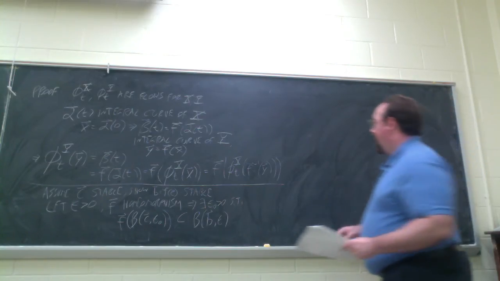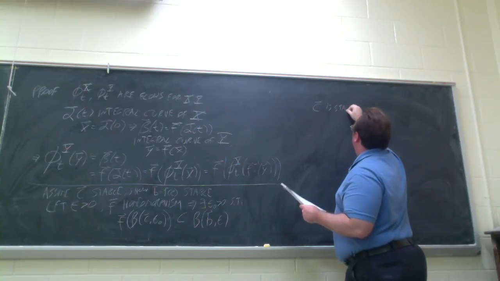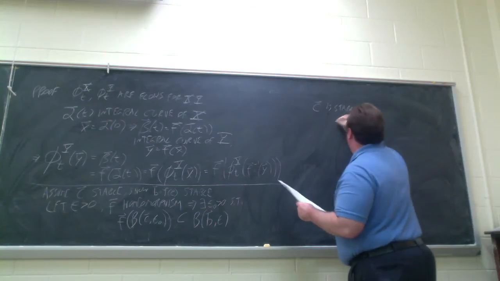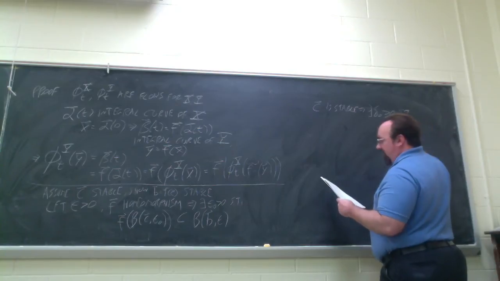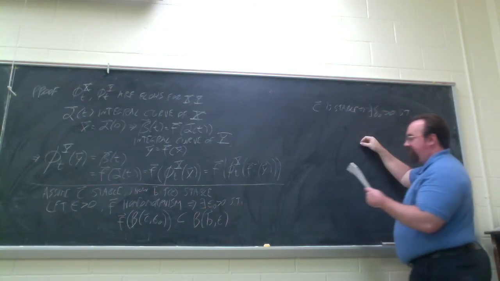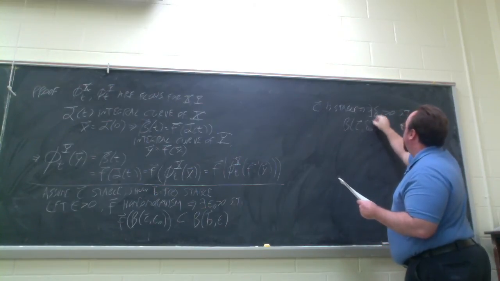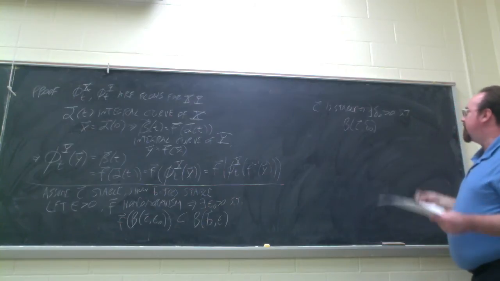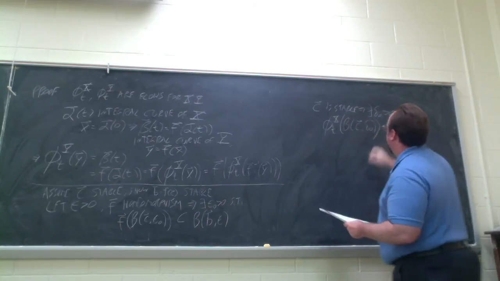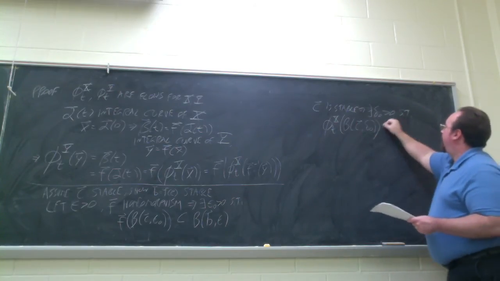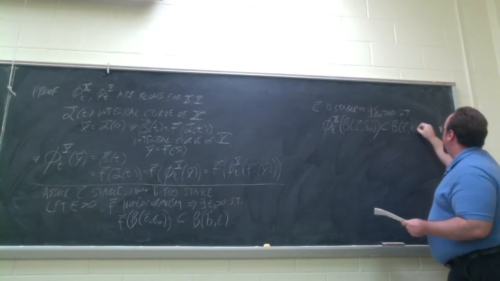Now, my fixed point C is stable. So what that means is there exists a delta naught such that if I take points within this ball around C as initial data, and I plug them into the flow of X, then these are going to be contained within a ball around C of radius epsilon naught.